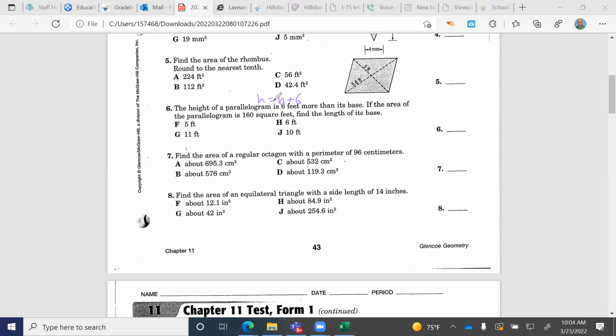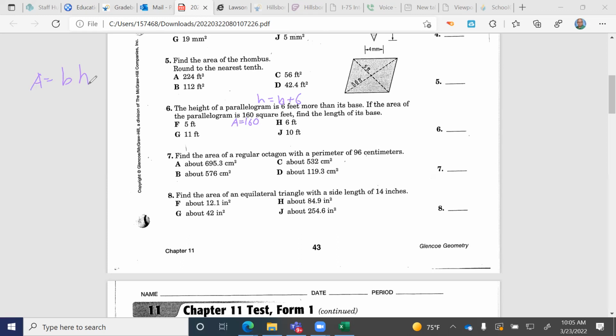They know that the area is 160. We know our formula from before is area equals base times height. So that's what we know going in. I have a value I can plug in for A. I have 2 values to plug in for H. I don't have anything for B, but we can rewrite that.